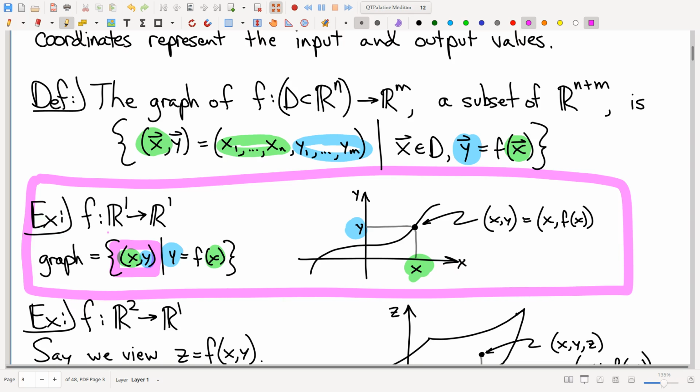But we list them together, we consider them as coordinates of the same point, and that point is a point on what we call the graph. And if you repeat this for every input value, and think about all the different inputs, then you will get a bunch of different outputs. And look at all of these ordered pairs, and that will give you a curve, and that's our graph. Okay, does that make sense to everybody?